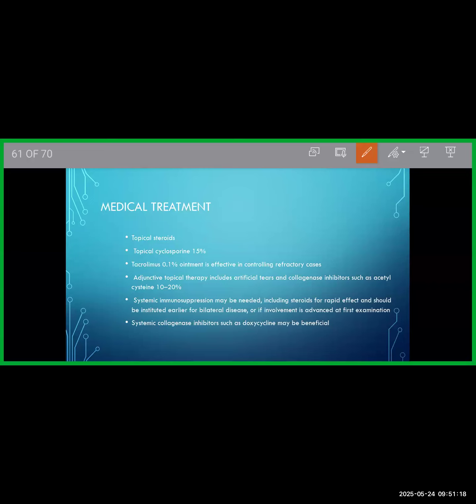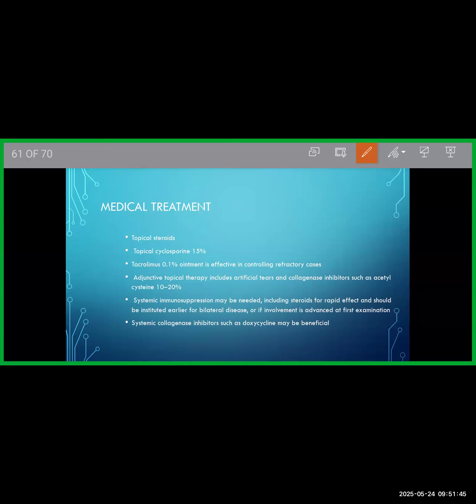Now the treatment. Just like PUK, we start with topical steroids. When the patient is not tolerant to topical steroid, we can use topical cyclosporine 1 to 2%. Tacrolimus ointment can also be used in refractory cases. However, tacrolimus is not readily available in our environment.